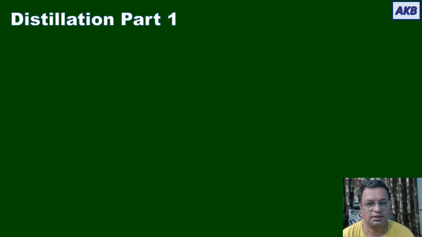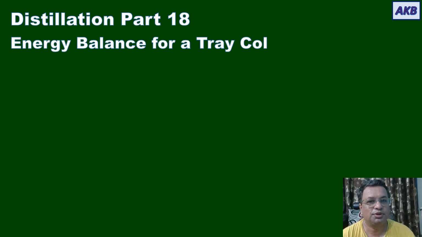In this video, I will be continuing my discussion on distillation. This is part 18 of my discussion on distillation, and today I'll be talking about energy balance for a typical tray column.